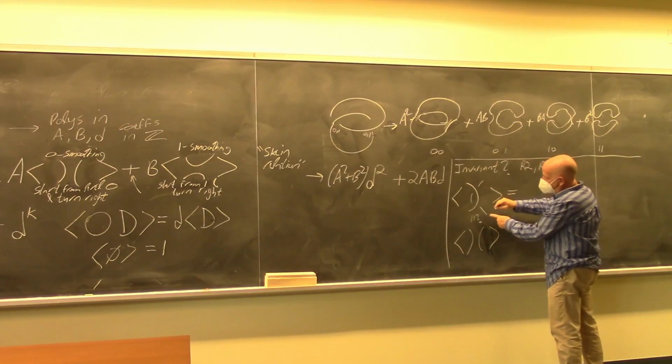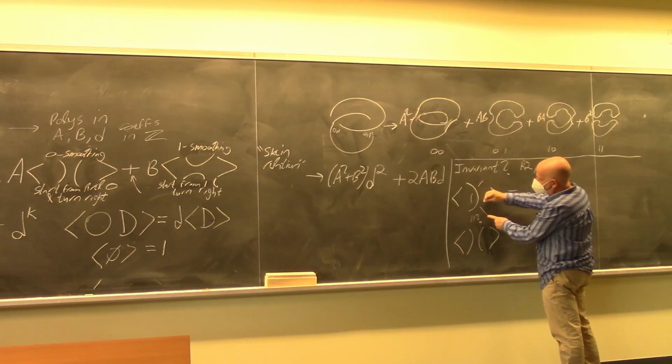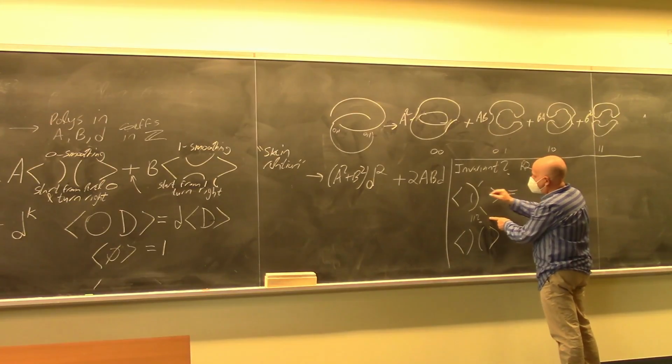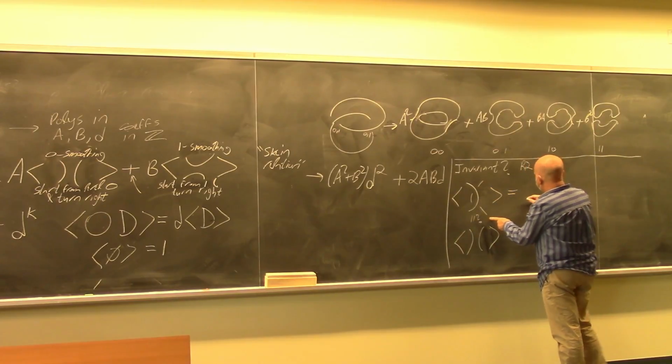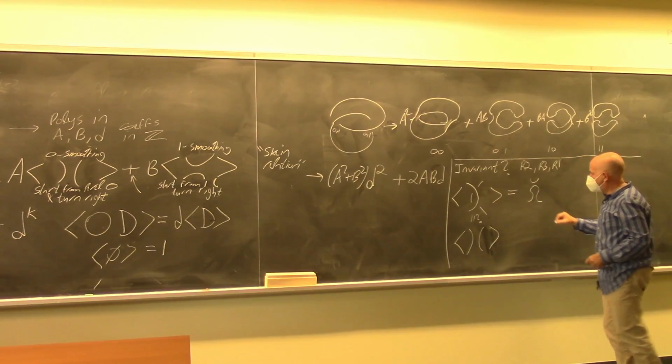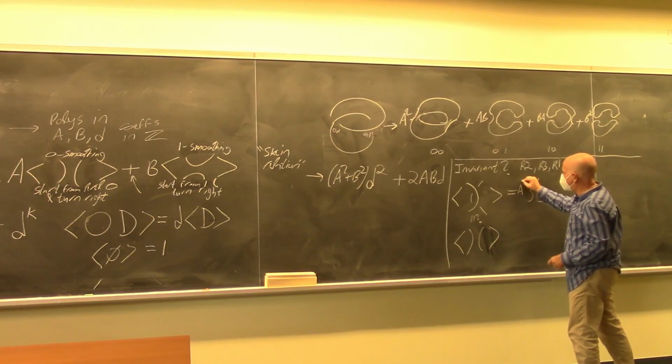So anyway, the 0,0 smoothing is you turn to the right, and then now you're on the upper strand, so you have to turn to the left to get the 0,0 smoothing. So this looks like this, right? With coefficient A squared.